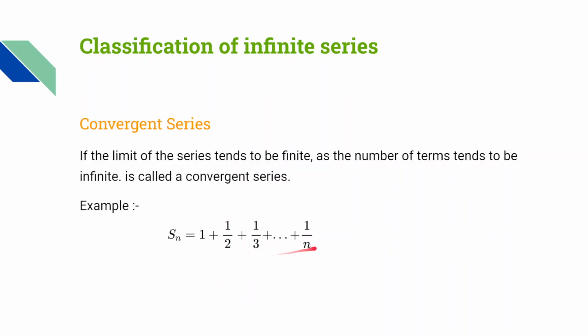If n tends to infinity, then the whole term Sn will tend to a finite value, because these terms will gradually get smaller and smaller. If we sum all the numbers, then we will have a finite number. So this is a convergent series.